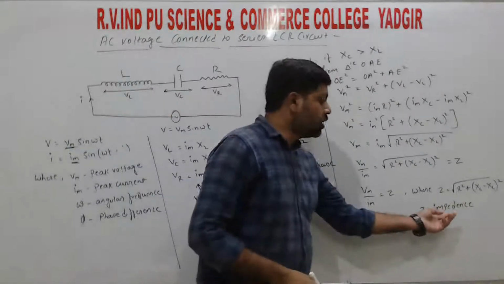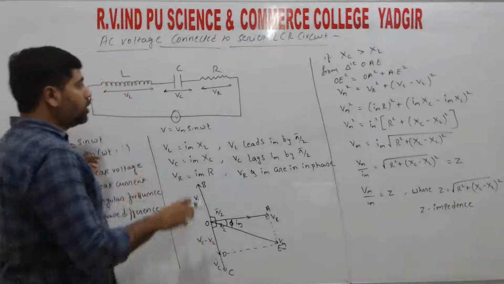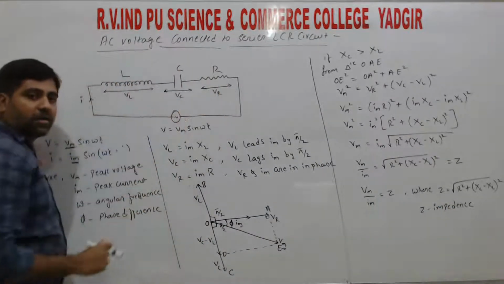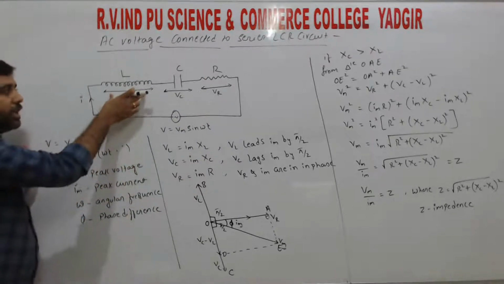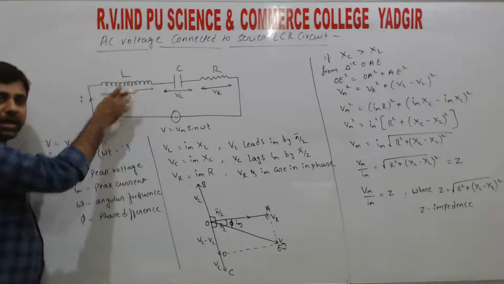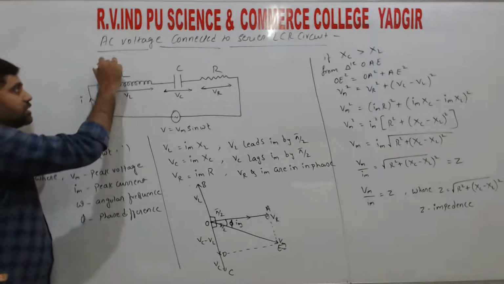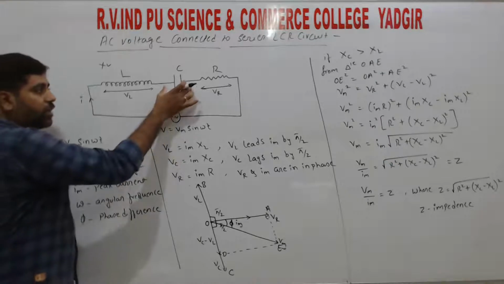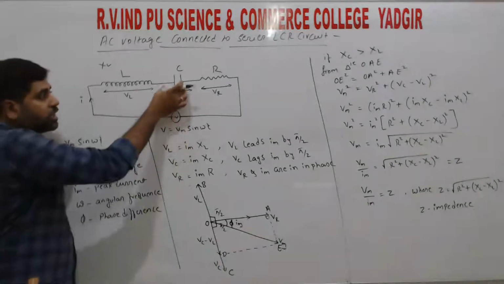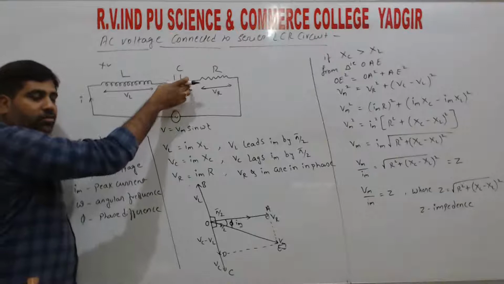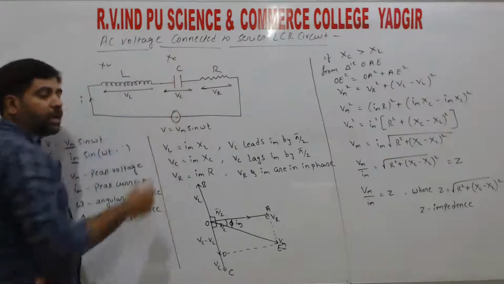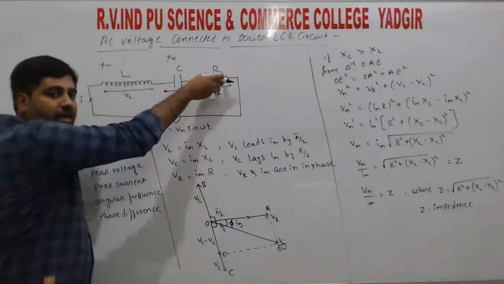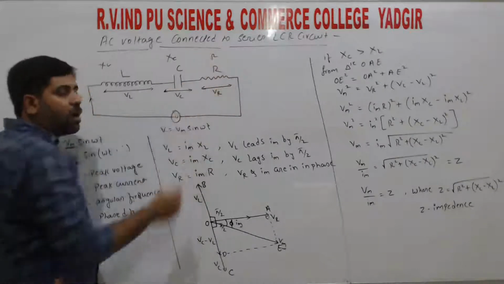Impedance is nothing but the resistance which is offered or opposes the flow of current I in the series LCR circuit. So when an inductor is connected to the AC source, here we are getting a resistance, and that resistance we call inductive reactance, right? In the same way, when a capacitor is connected to the AC source, here also we are getting resistance, and that resistance we call capacitive reactance. And in the resistor we have the resistance R, right?